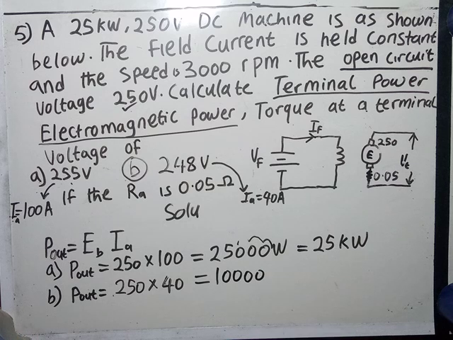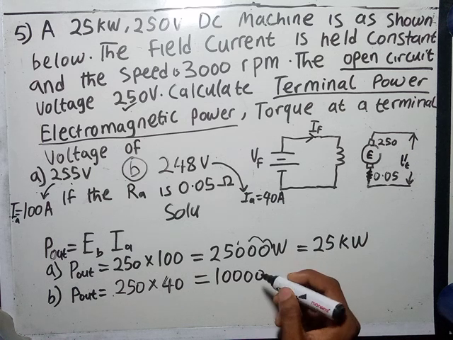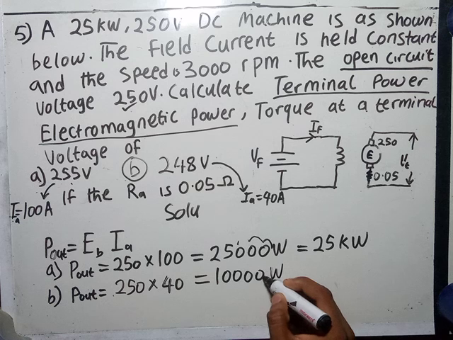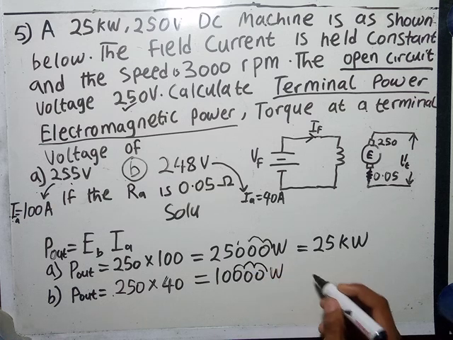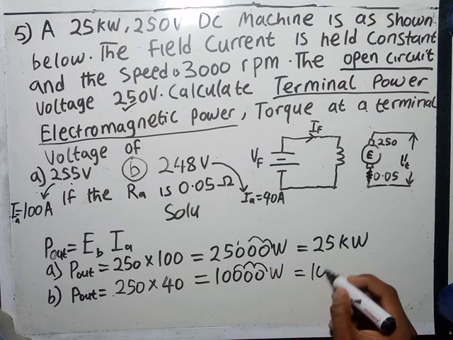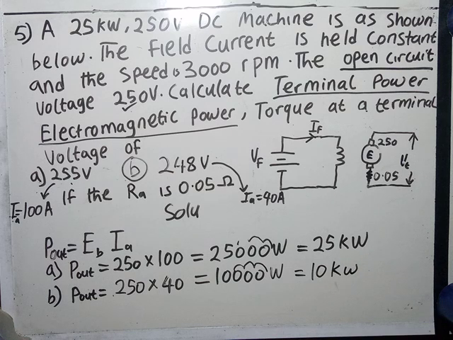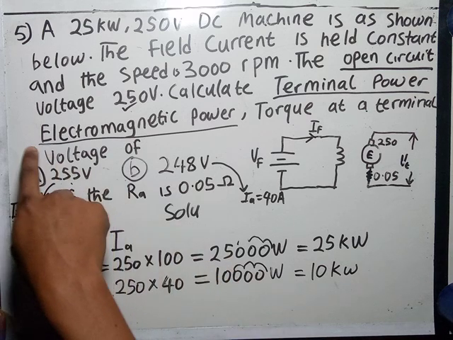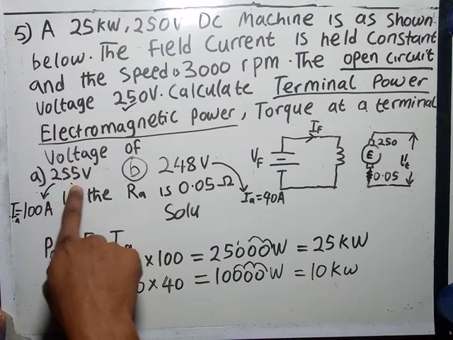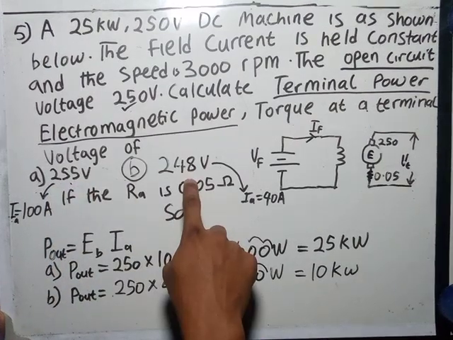So I guess it's going to be this, but let me still confirm. Okay, I'm correct. So converting this to kilo, you have 10 kilowatts. So these are the values of our electromagnetic power for both cases, case A and case B.